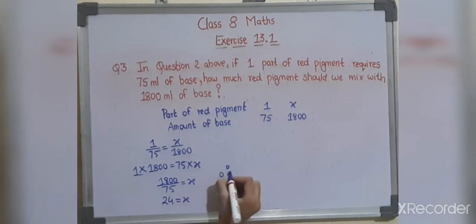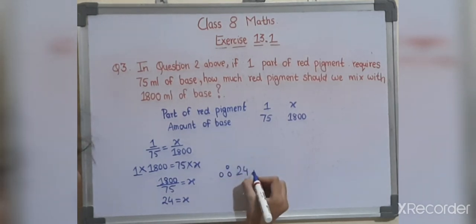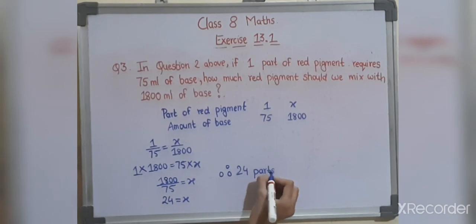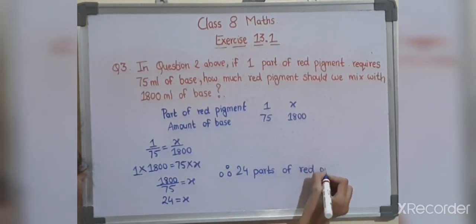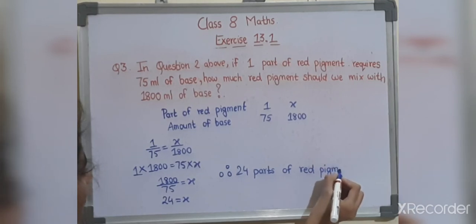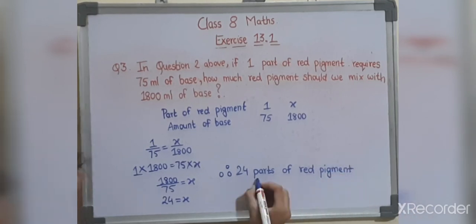So therefore 24 parts of red pigment are required.